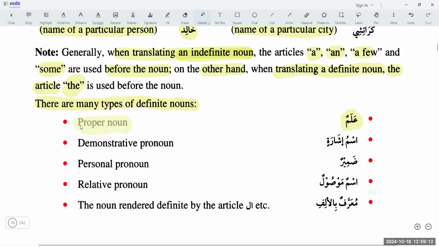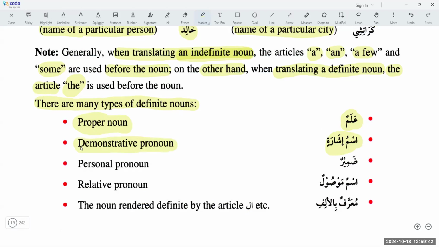All proper nouns, they are definite. Ism ishara, ismu isharatin, demonstrative pronouns. All the demonstrative pronouns, they are definite.